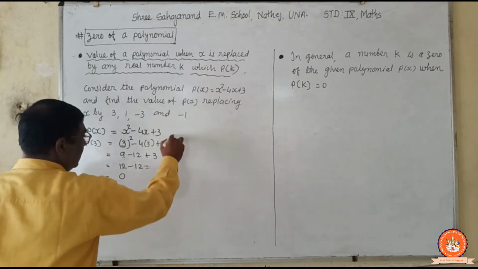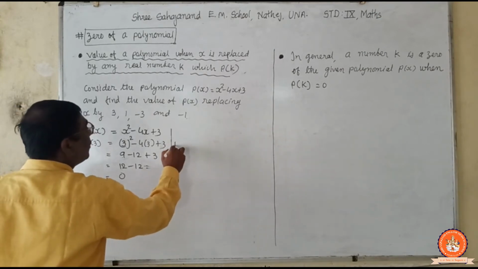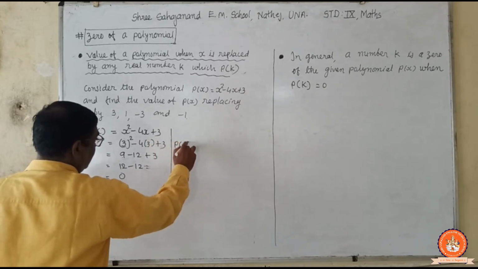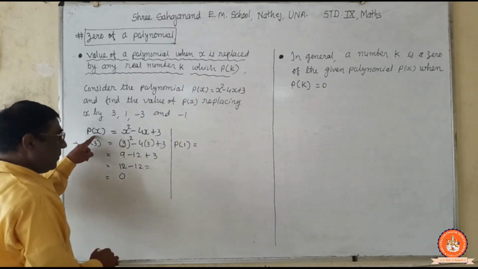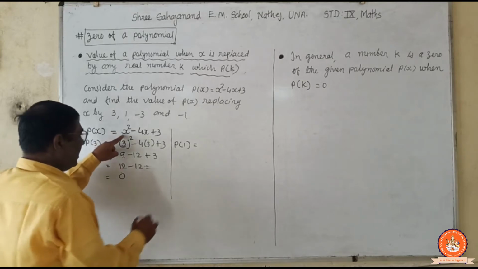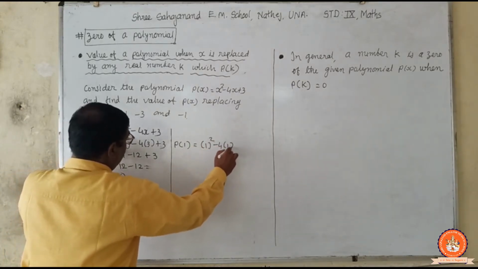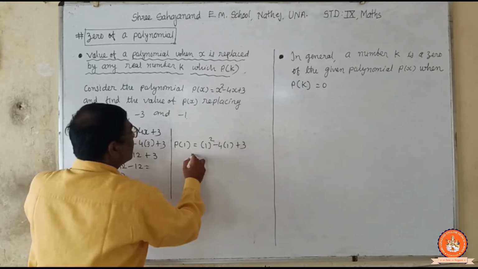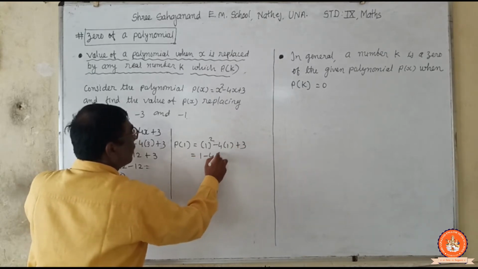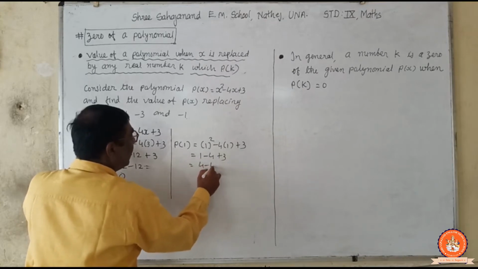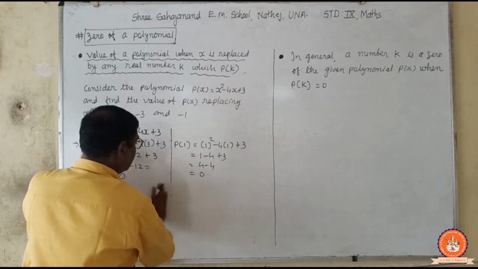Now here we will replace the value of x by 1. We get square of 1 minus 4 into 1 plus 3, is equal to 1 minus 4 plus 3. So 1 plus 3 is equal to 4, minus 4 is equal to 0.